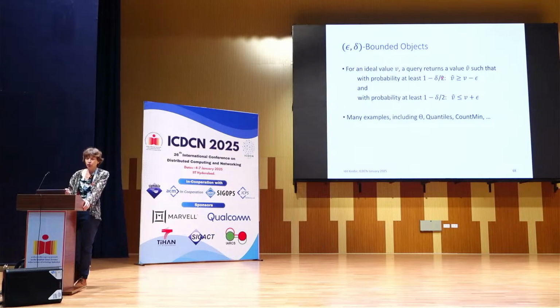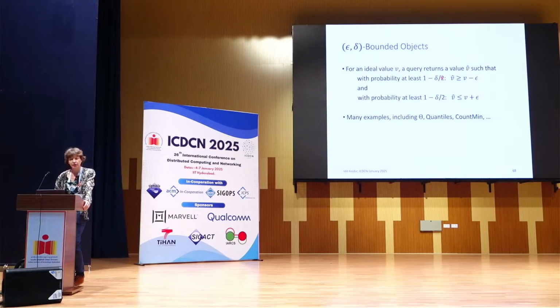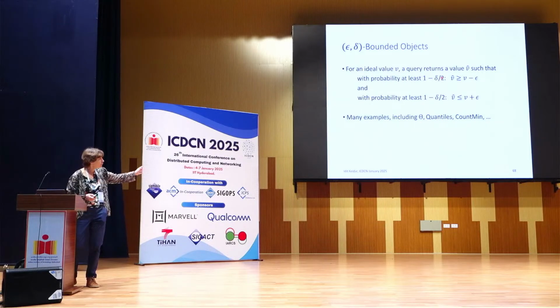For an ideal value v, the query returns v-bar, which with probability at least 1 minus delta over 2 overcounts by epsilon, and by the same error undercounts by epsilon. And we can give a million examples of this: the theta, the quantile, whatever probably approximately correct object you want.